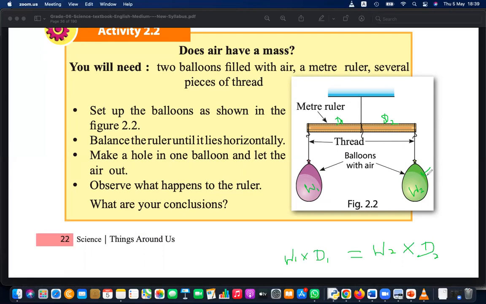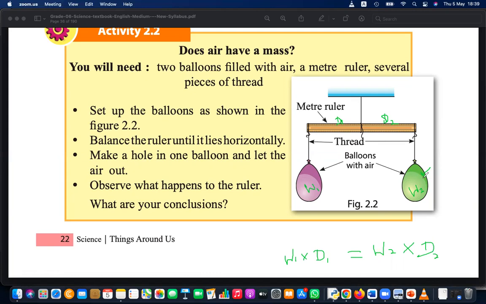Actually, most of the time it will blast because of the forces affecting the surface of the balloon, the rubber. Therefore, I said to put a transparent sellotape on both balloons, otherwise it will not be balanced again.